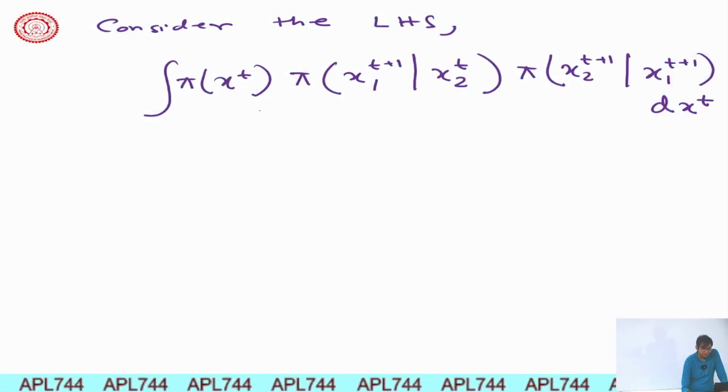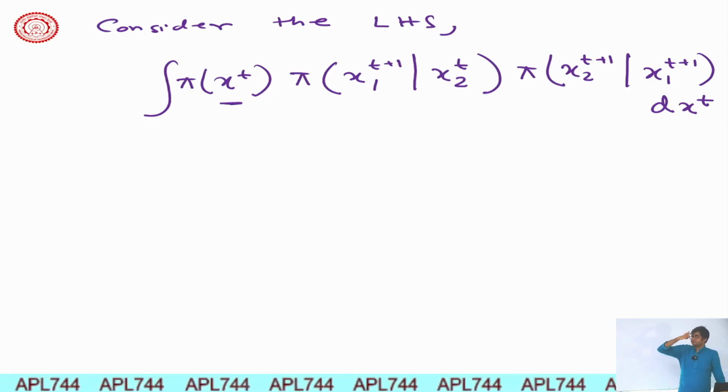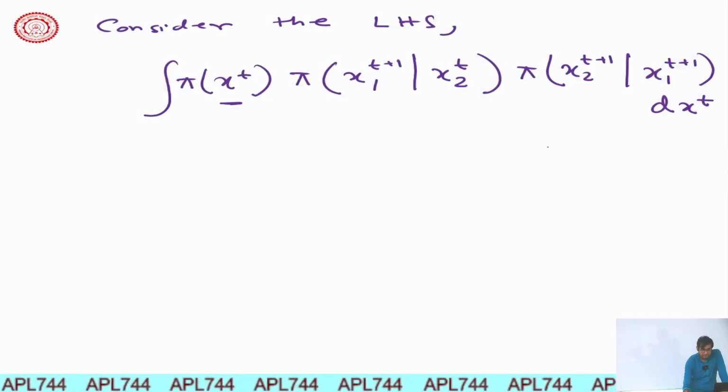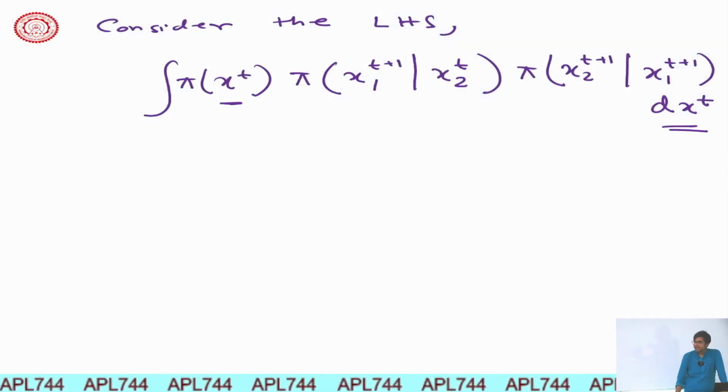Now you tell me what is this xt equal to? What is this xt? xt is nothing but a joint x1t comma x2t, right? That's what xt is, it's a joint distribution. And similarly here, d of xt is d of x1t multiplied by d of x2t.